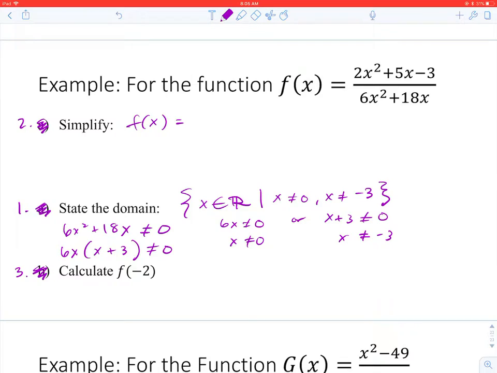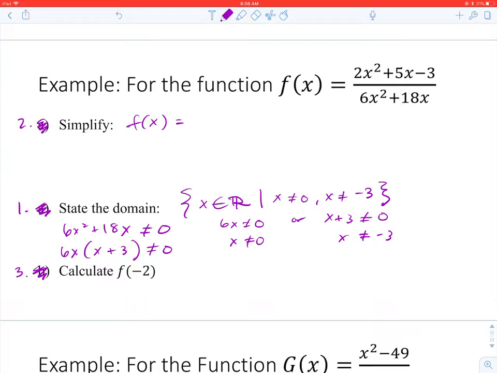And in future classes, like Algebra 2 or Pre-Calculus, whenever you revisit rational functions again, you're going to want to simplify in order to identify characteristics about the graph of the rational function, but also to have a better idea.